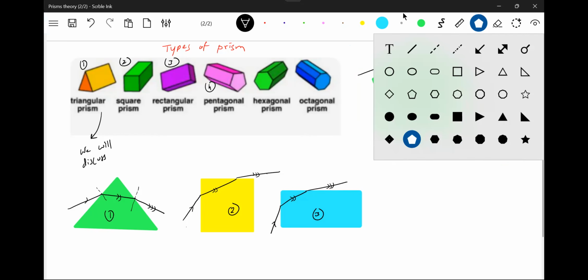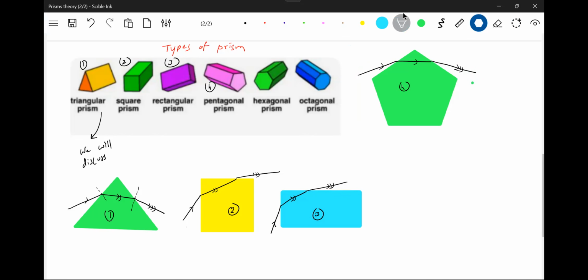So the plan view, not only this. Okay, there's not much difficulty.